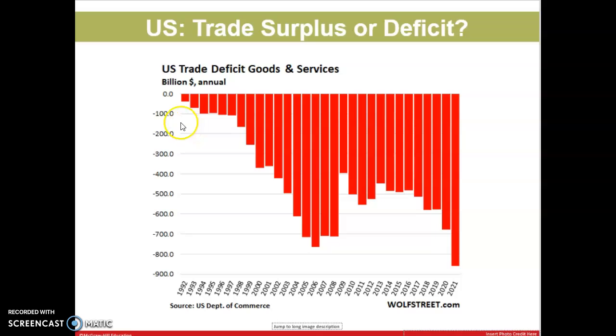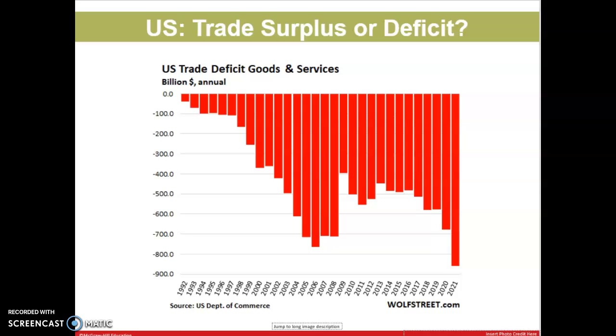And that is, if you go back and look before 1992, when we talk about trade surpluses and deficits, it is in relationship to, do we import more than we export? If we import more than we export, we have a deficit. If we export more than we import, we have a surplus. It's not necessarily in and of itself a good thing or a bad thing, it's just a statement of fact.